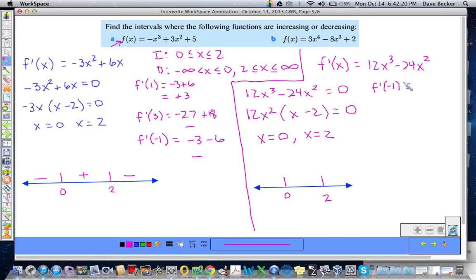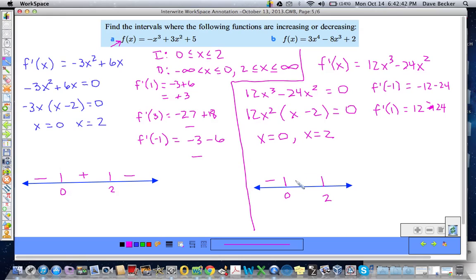And that's going to be equal to negative 1 cubed is negative 1, so that's a negative 12 minus 24. That is definitely going to be negative. What about f prime of 1? Well, that would be 12 minus 24. That too is going to be negative.